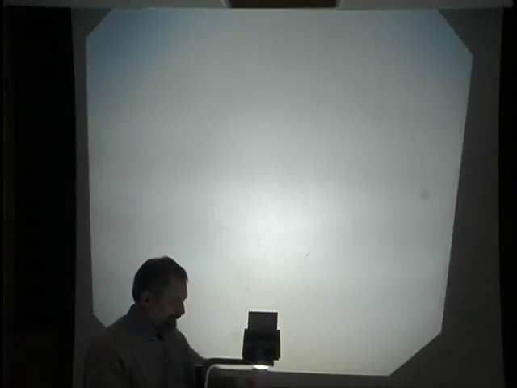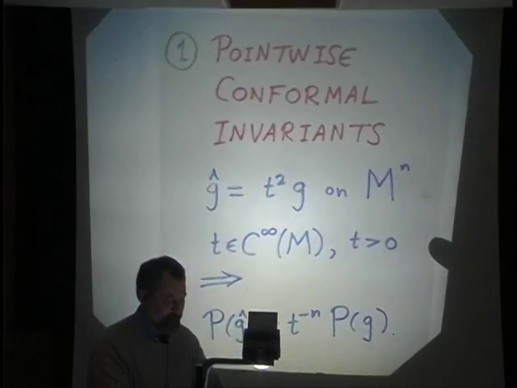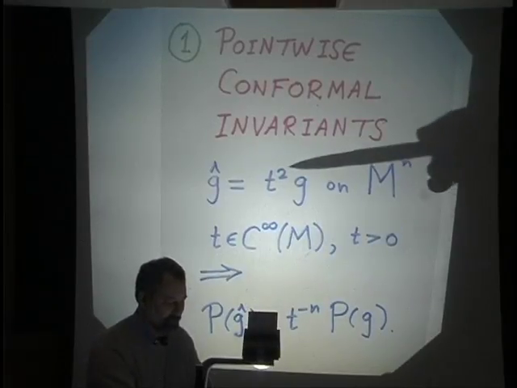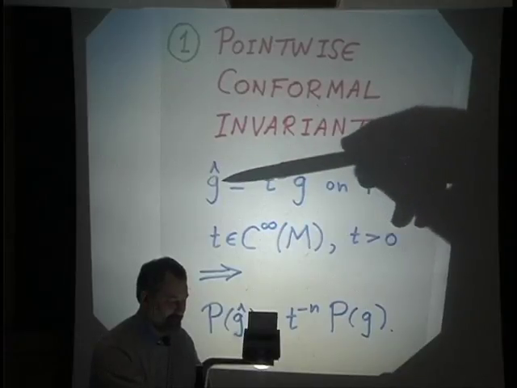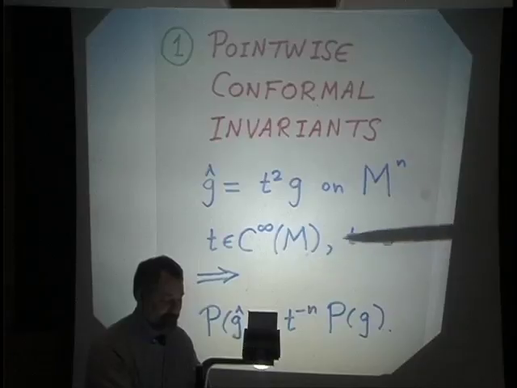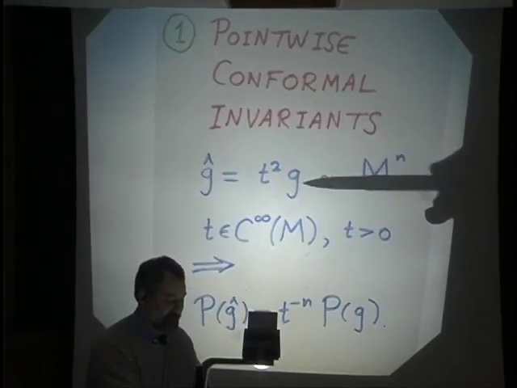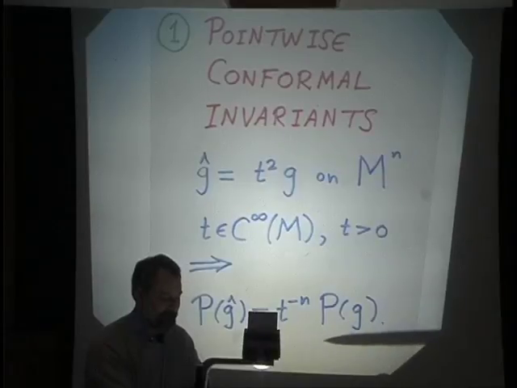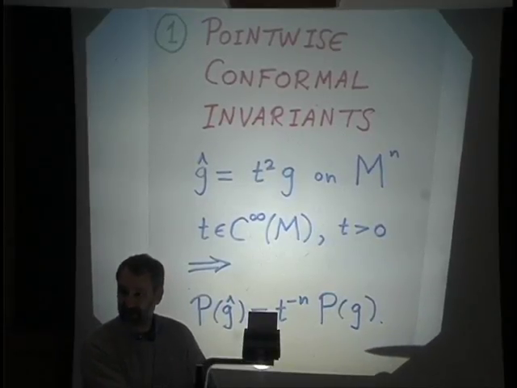Well, first of all, we can have pointwise conformal invariants. So suppose that whenever you make a conformal deformation of the metric g, where t is not a constant but a C-infinity positive function, the polynomial p has a pointwise transformation law.